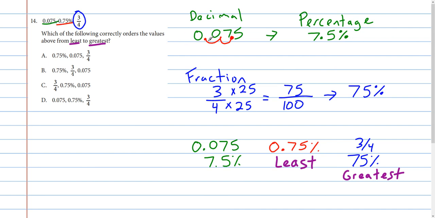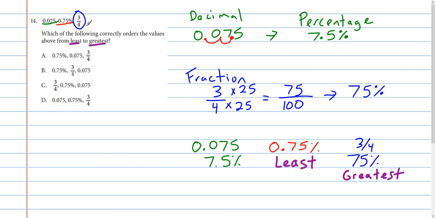So in order to convert a decimal into a percent, we move the decimal place over 2 to the right. So it was right here initially. I move it 1, 2 to the right, kind of like multiplying by 100, and we get 7.5%. Now the next one, underlined in red here, is already a percentage, so I don't need to do anything with that.